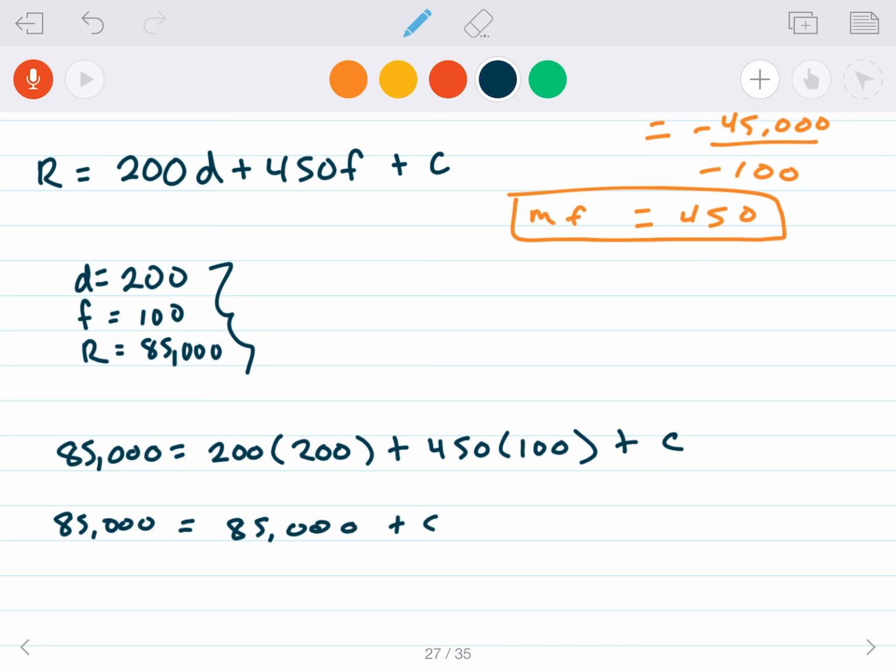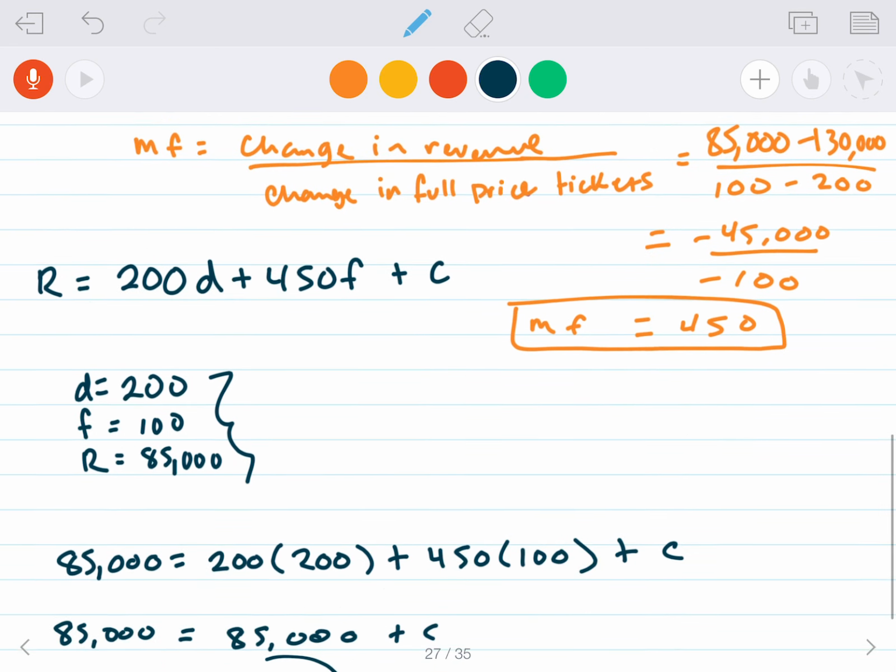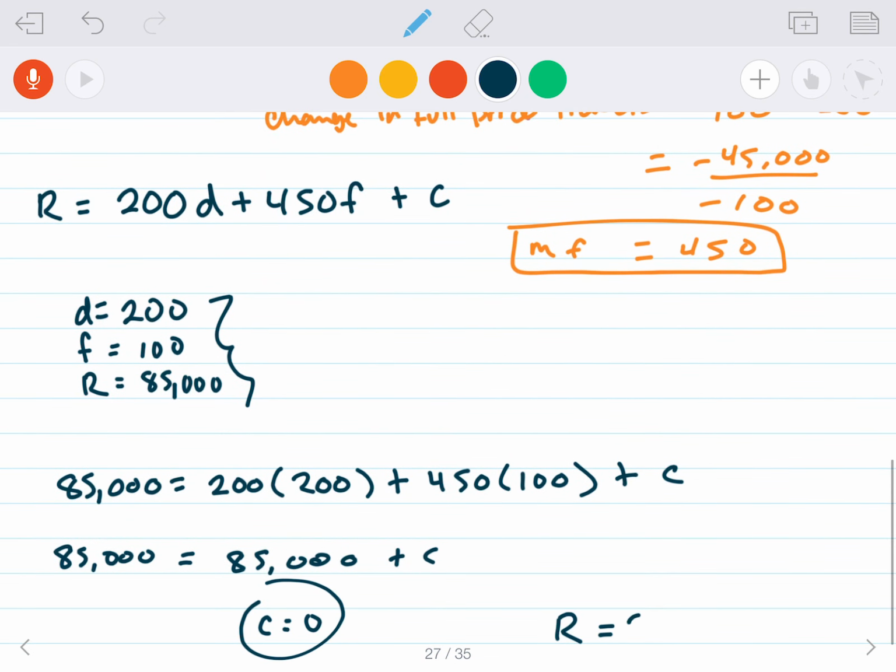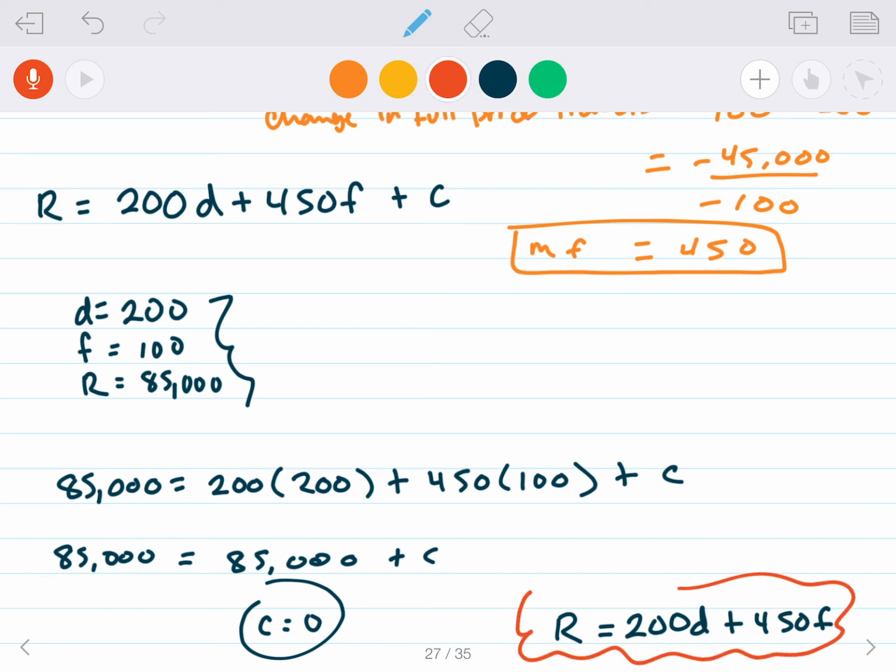Okay, so subtracting 85,000, we get C is equal to 0. All right, so our equation is going to be R equals MD, which is 200, D plus MF times F plus C, which is just 0. So this is actually our answer right here.